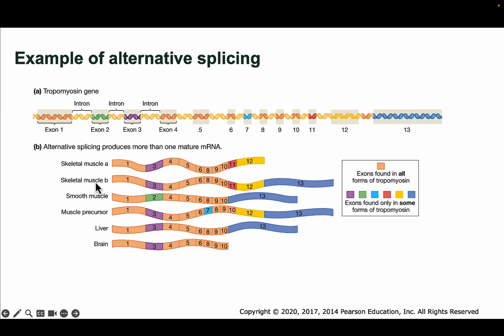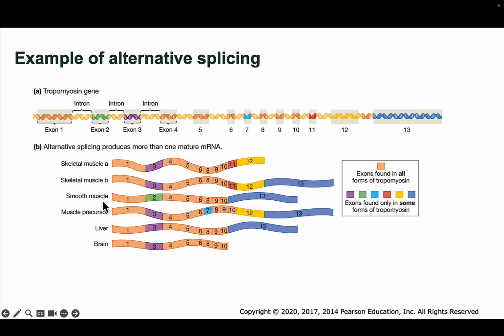In skeletal muscle B, we have all of the same exons up until 12 with the addition of exon 13. These mature mRNAs end up encoding different versions of this protein that have slightly different functions. So one gene can encode multiple polypeptides. The tropomyosin gene actually has a lot of alternative splicing transcripts.